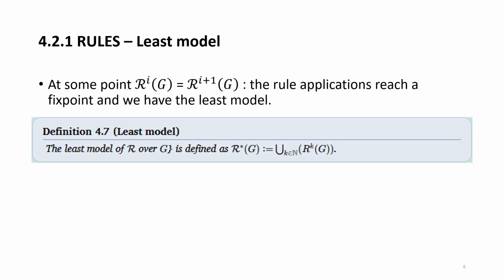At some point when applying recursively, Ri over G will be equal to Ri plus 1 over G. So the rule application will reach a fixed point, and that's when we say that we have achieved the least model. So the least model is defined as R star over G.